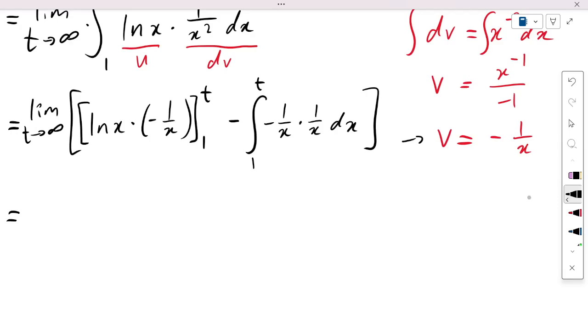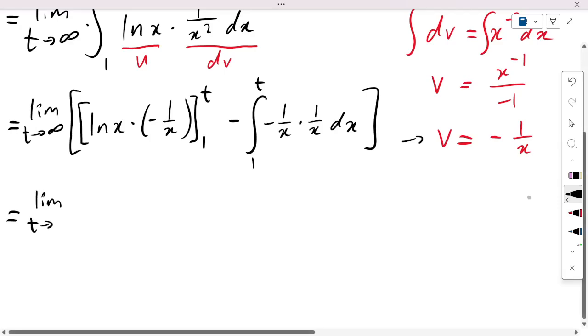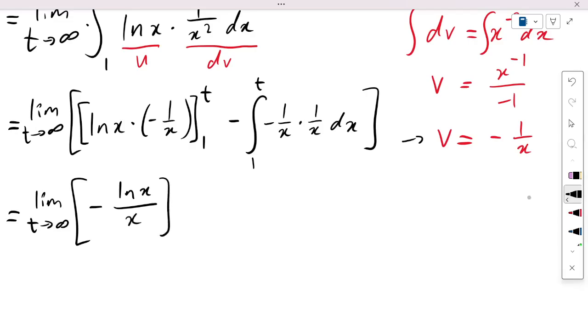From here, we can clean things up, because it looks a little bit messy with all the negatives all around. First, we can write the inside of this bracket as negative natural log of x over x, evaluated from 1 to t.